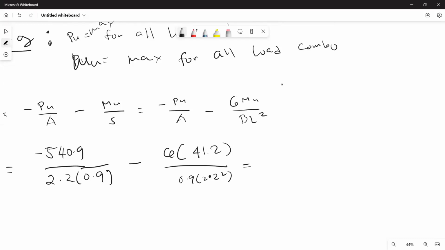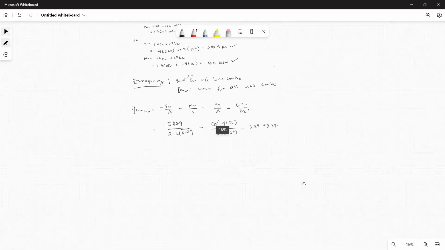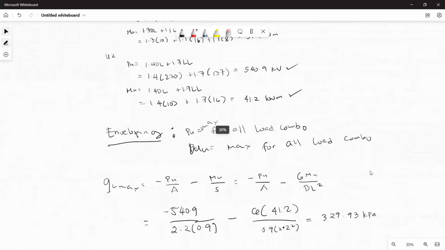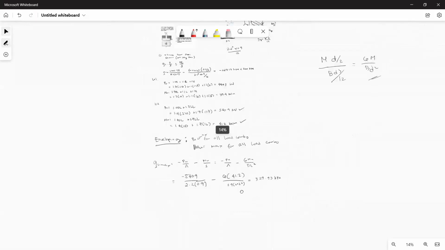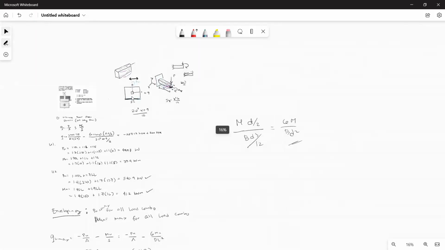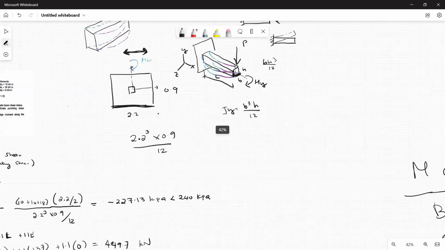If you check that, that is 329.93 kPa. That is the maximum soil pressure on one side. Both are in compression.